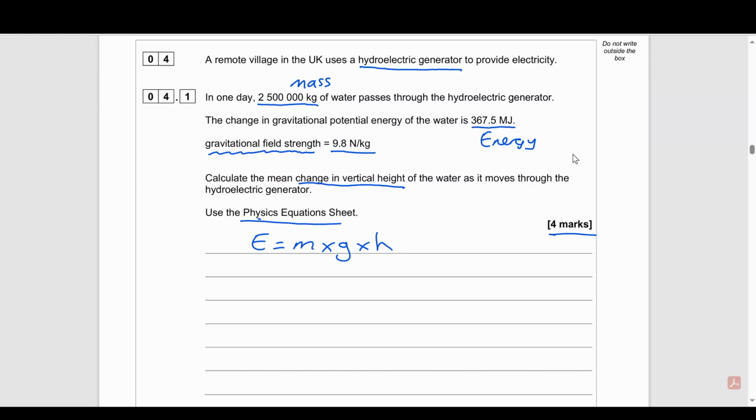So let's plug in the numbers that are given to us in the question. Our change in energy is 367.5 megajoules. So again, similar to our previous question, we've got a prefix in front of joules. It's not giga this time, it's mega.